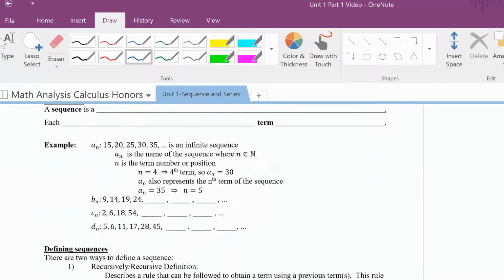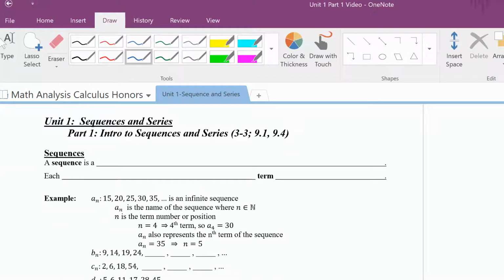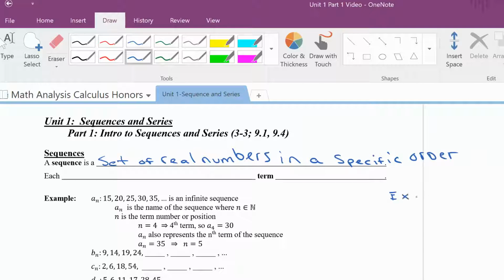A sequence is a set of real numbers in a specific order. So for example, and there's examples here too, 1, 2, 3, 4, and so on.